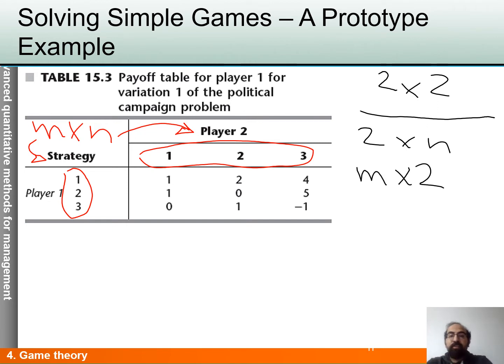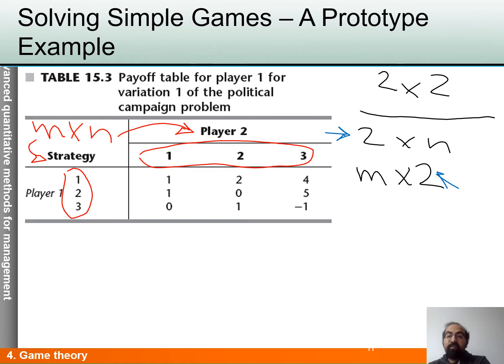What is the meaning of this? It means that at least one side of the strategies has size 2. For example, player 1 has 2 strategies, or player 2 has 2 strategies. In this case, as we reviewed before, we can apply a graphic solution.